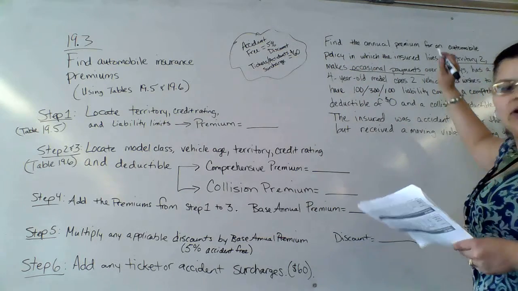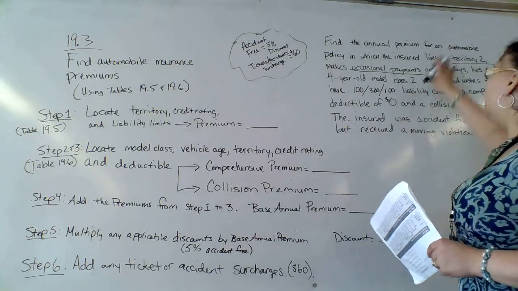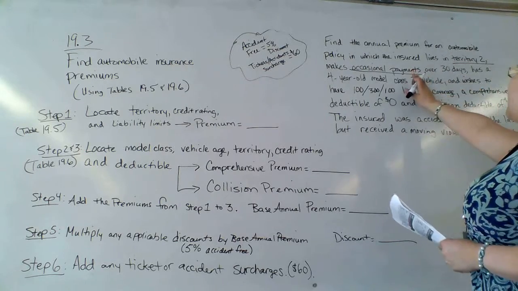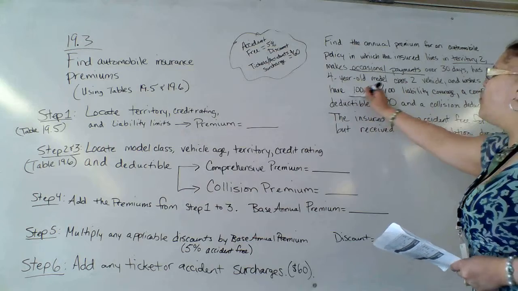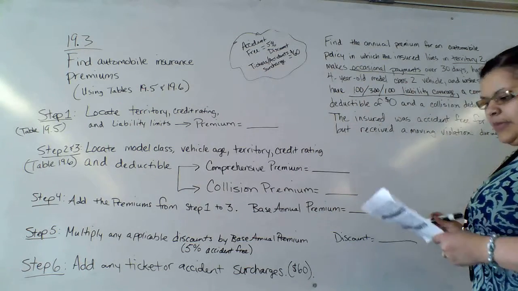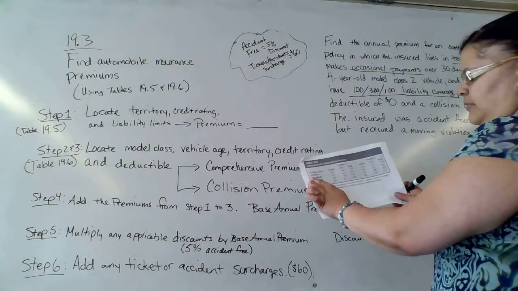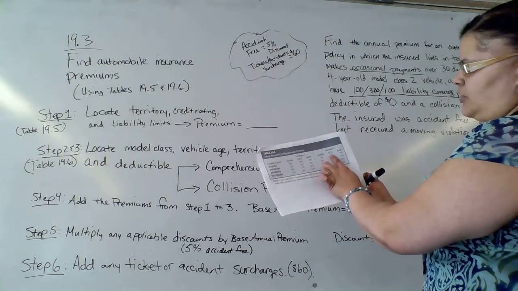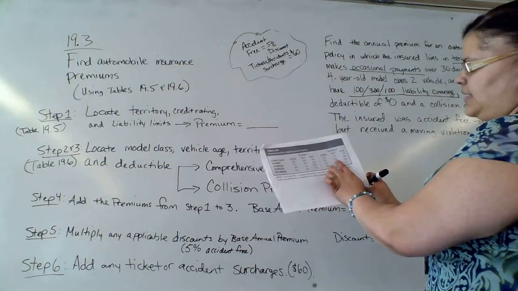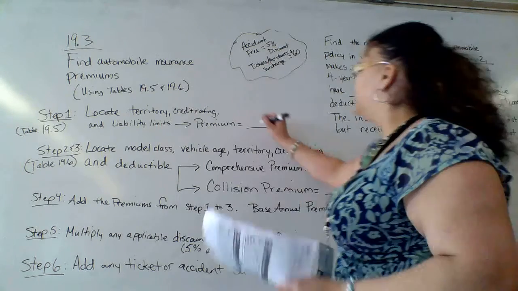So occasional is that OCC one. So Territory 2, occasional payments, and they want a 100/300/100 liability coverage. So we look for that information, 100/300/100, occasional in Territory 2, that's $627.